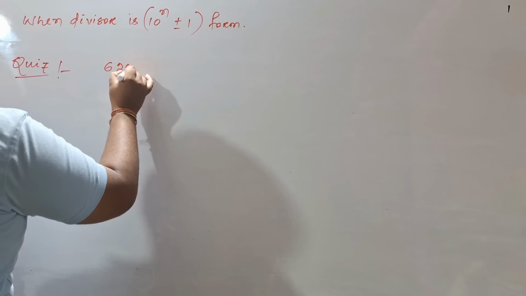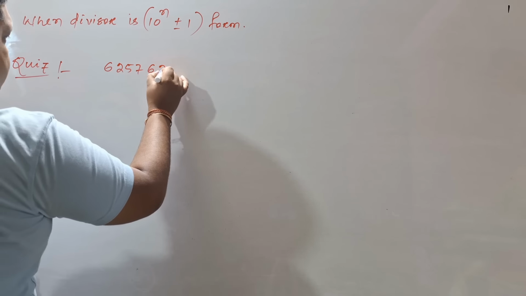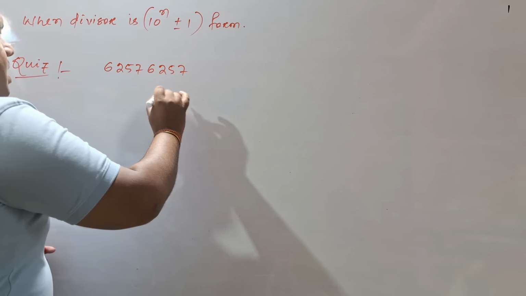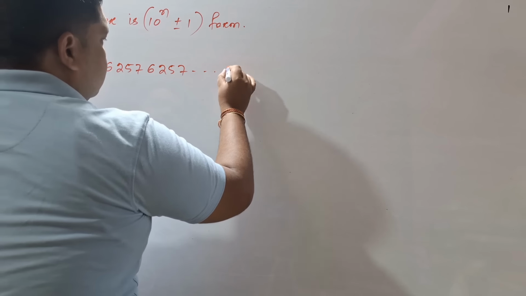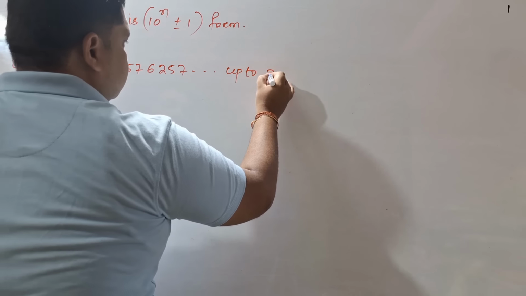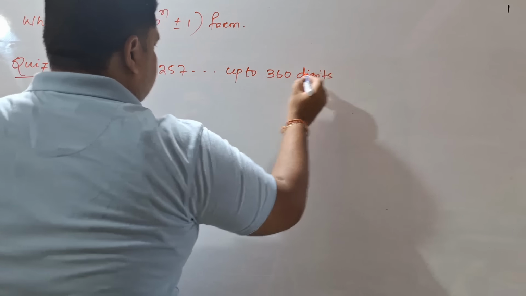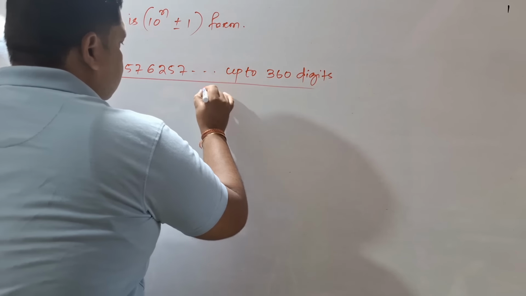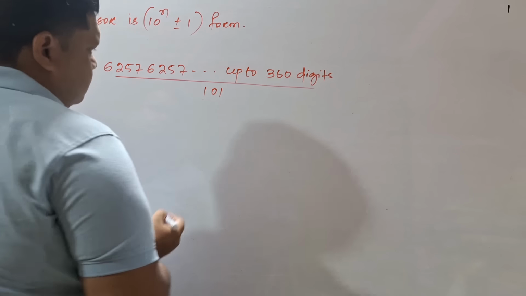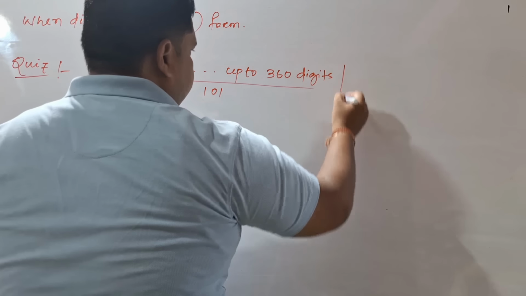Six two five seven, and this will continue up to 360 digits. When it is divided by 1001 or 101, find the remainder.